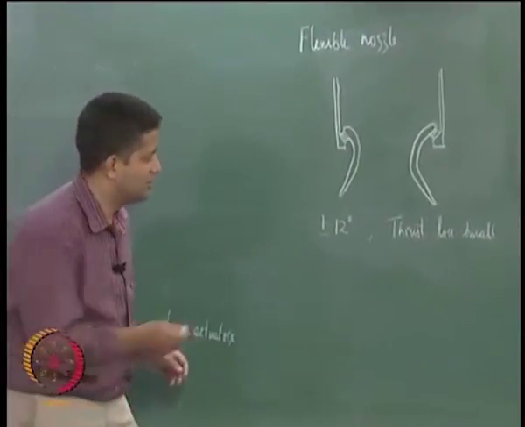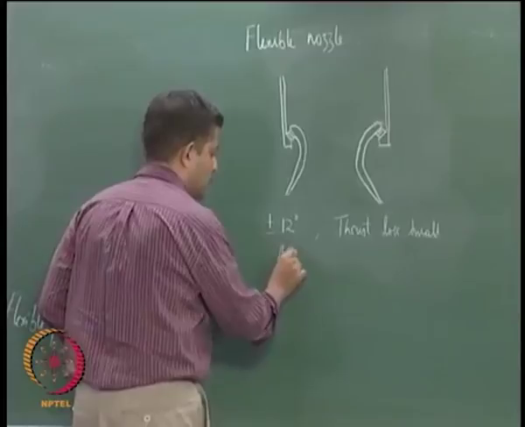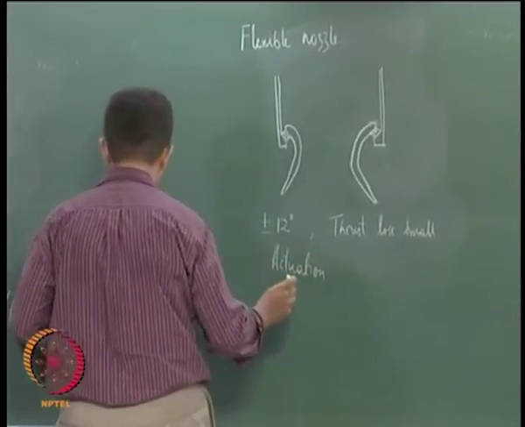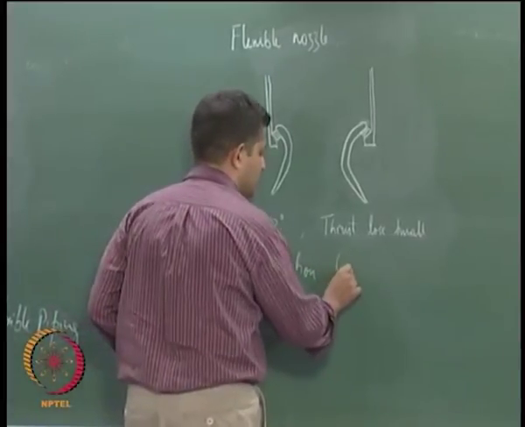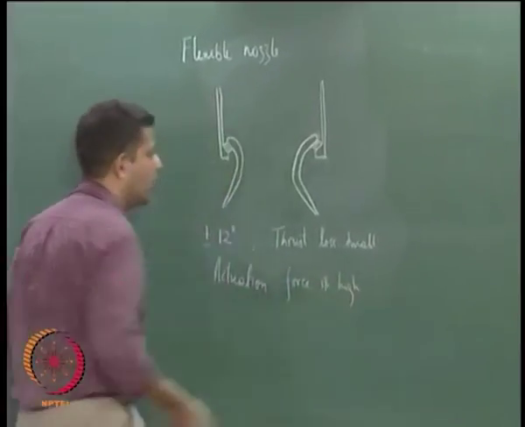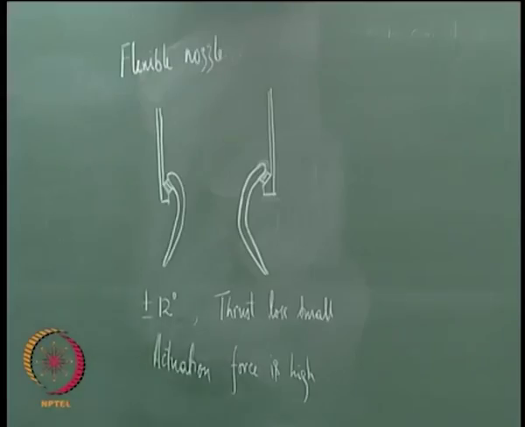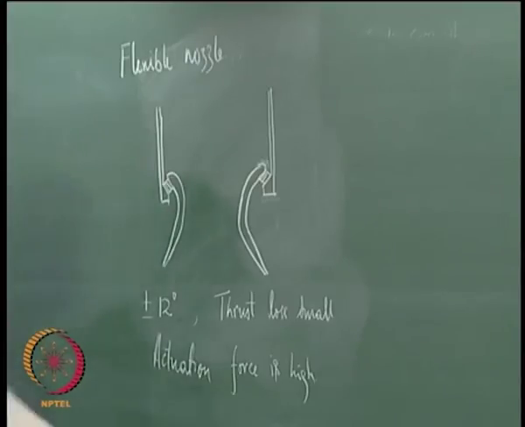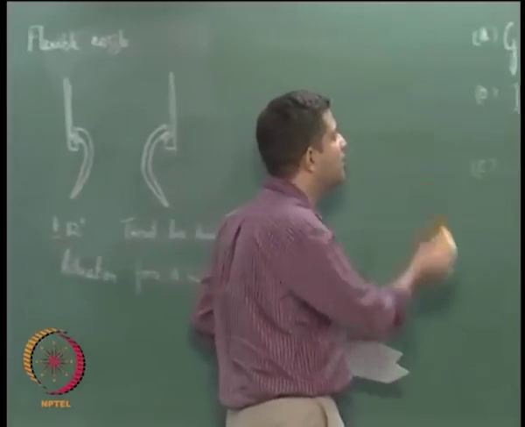You need the last of this variety is, again, if you have something like a ball and socket joint instead of this one, you can move the nozzle.